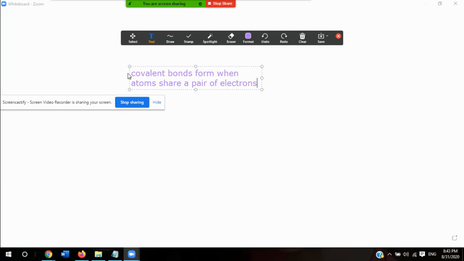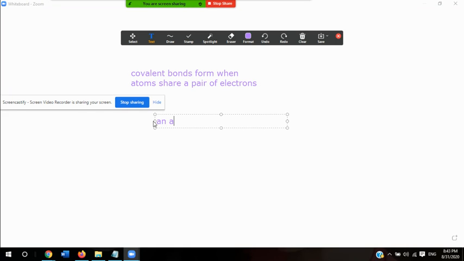And of course, depending on how many electrons an atom has, two atoms may form several covalent bonds. So an atom can form several covalent bonds, and that's important as well.